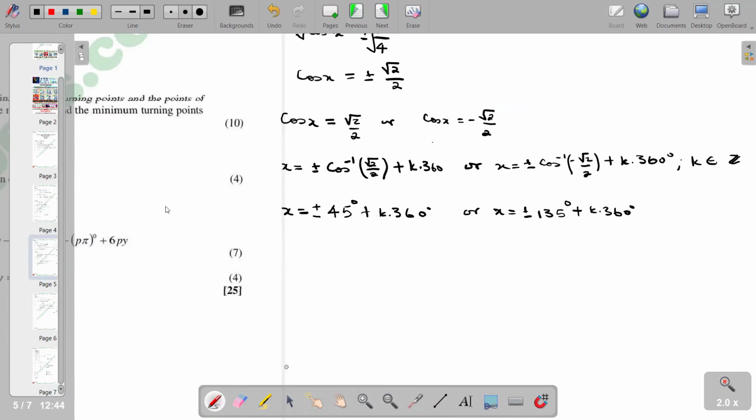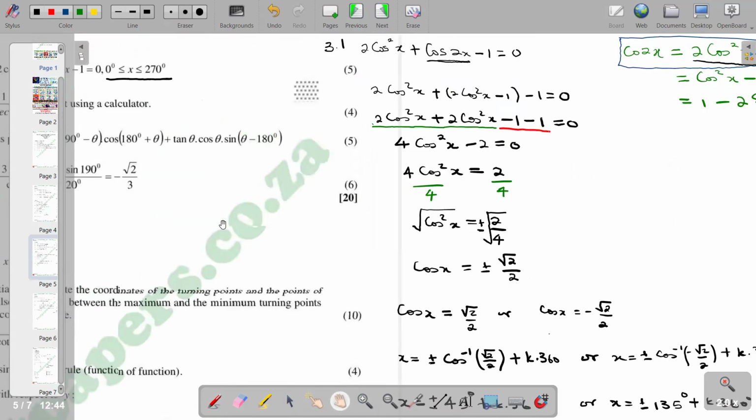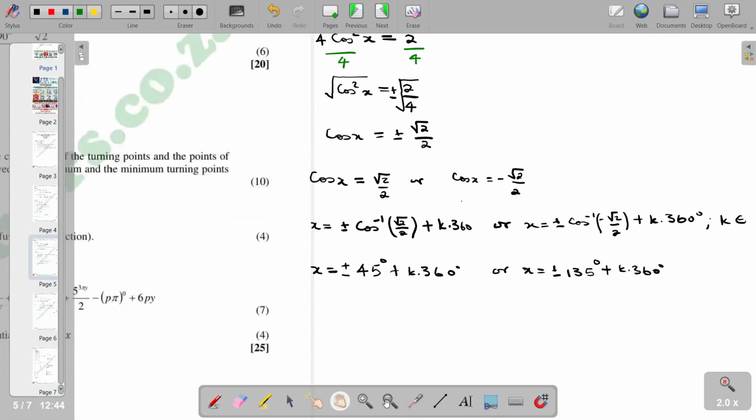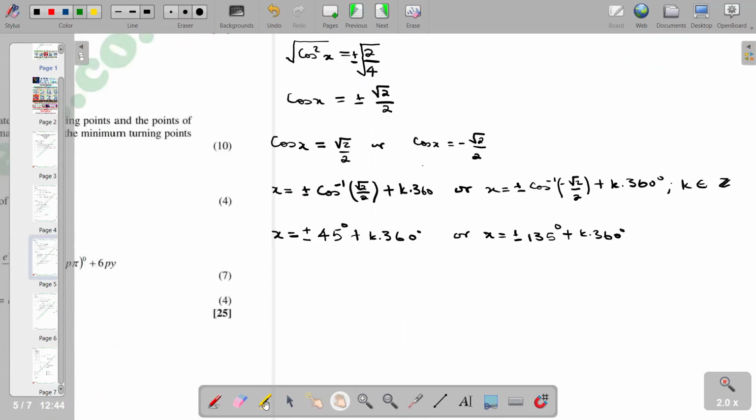Remember, we are told that x is from 0 to 270 degrees.